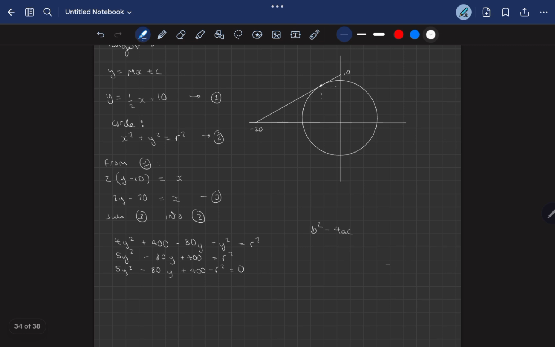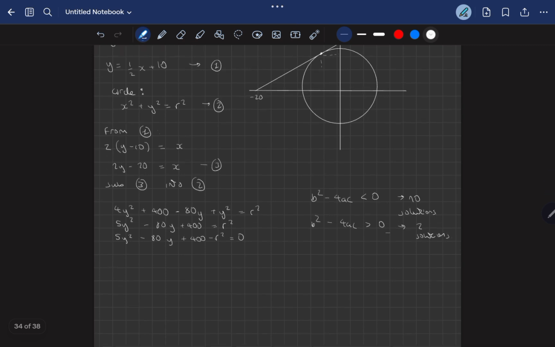What the discriminant tells us is, if the discriminant is less than 0, then there are no solutions. If the discriminant is more than 0, then there are 2 solutions. If the discriminant is equal to 0, there's only one solution to the equation. And as I said, we only want one solution. So that means the discriminant has to be equal to 0.